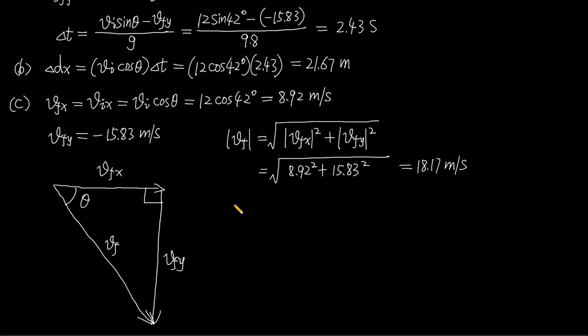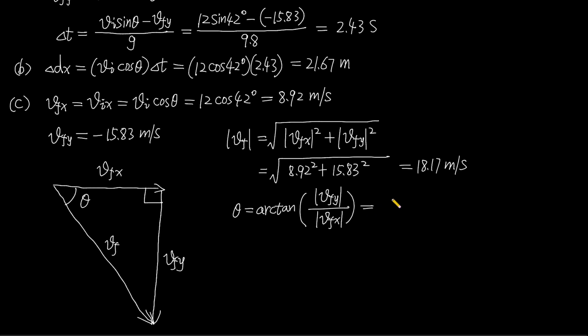Then the angle theta equals arc tangent. The top is the magnitude of the final vertical velocity. The bottom is the magnitude of the final horizontal velocity.